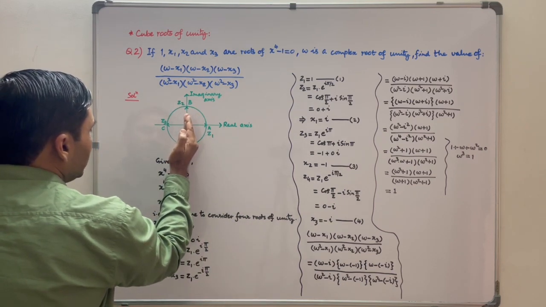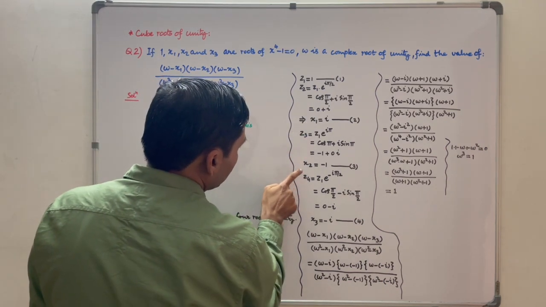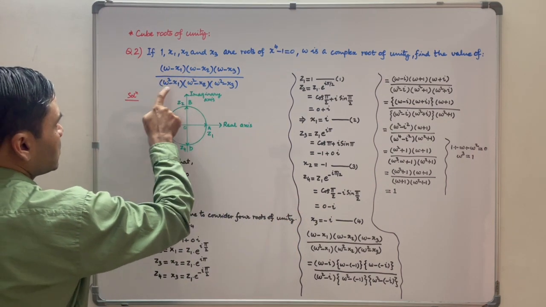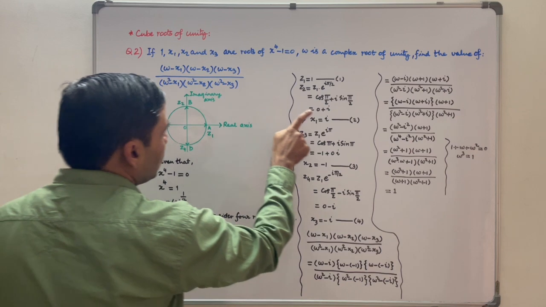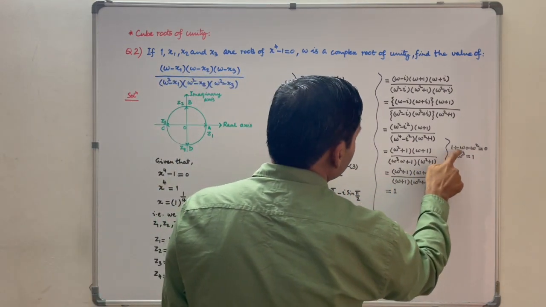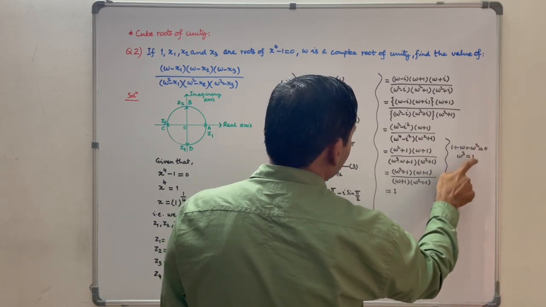Clockwise is supposed to be negative. So we get the values of x1, x2 and x3. These values we will put in this expression and find out the value of expression as 1. We will use 1 plus omega square is equal to 0 and omega cube is equal to 1.